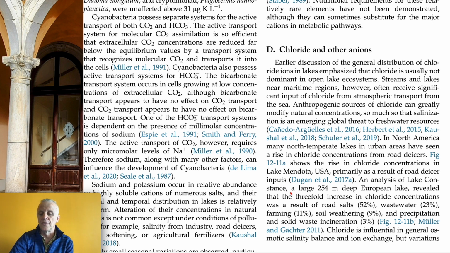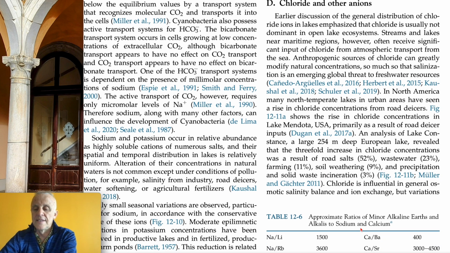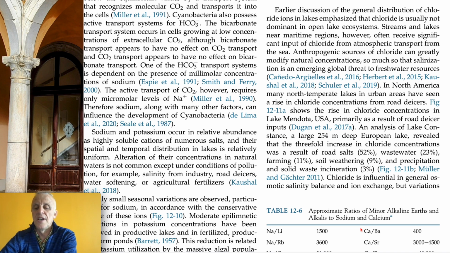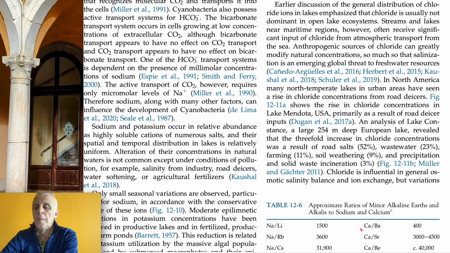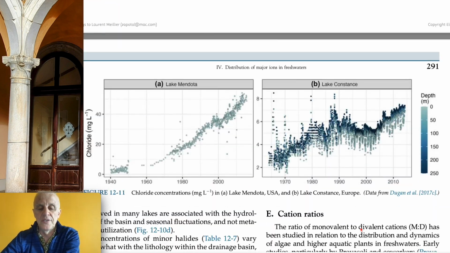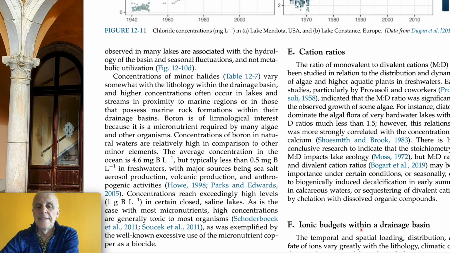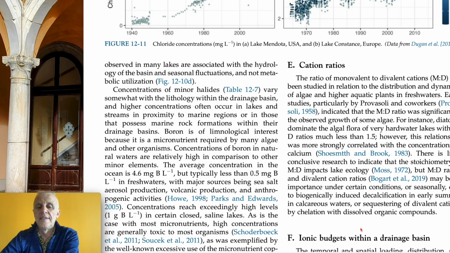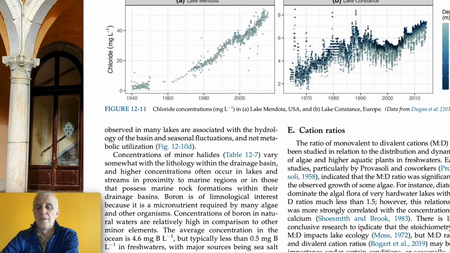Analysis of Lake Constance, a large 254-meter deep European lake, revealed that the threshold increase in chloride concentration was a result of road salt, 52%, wastewater, 23%, farming, 11%, soil weathering, 9%, and precipitation and solid waste incineration, 3%. Chloride is influential in general osmotic salinity balance and ion exchange, but variations observed in many lakes are associated with the hydrology of the basin and seasonal fluctuation and not metabolic utilization.